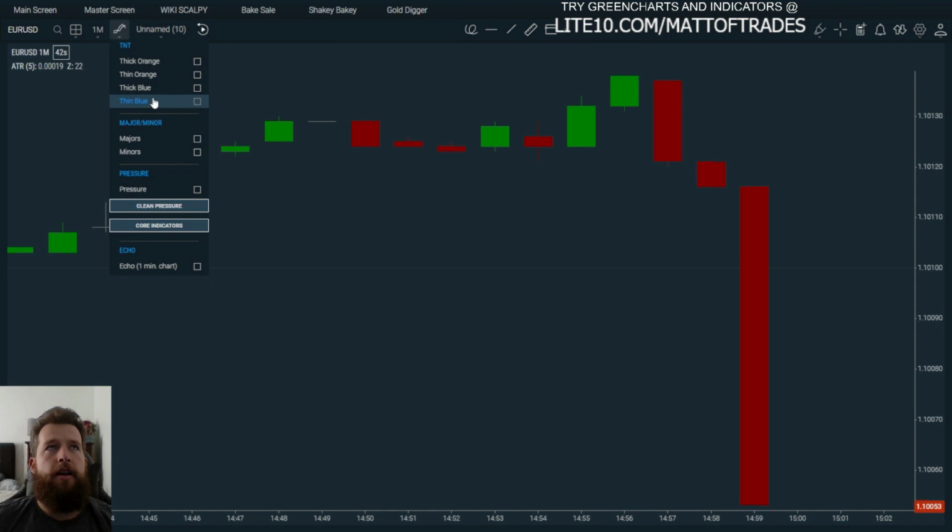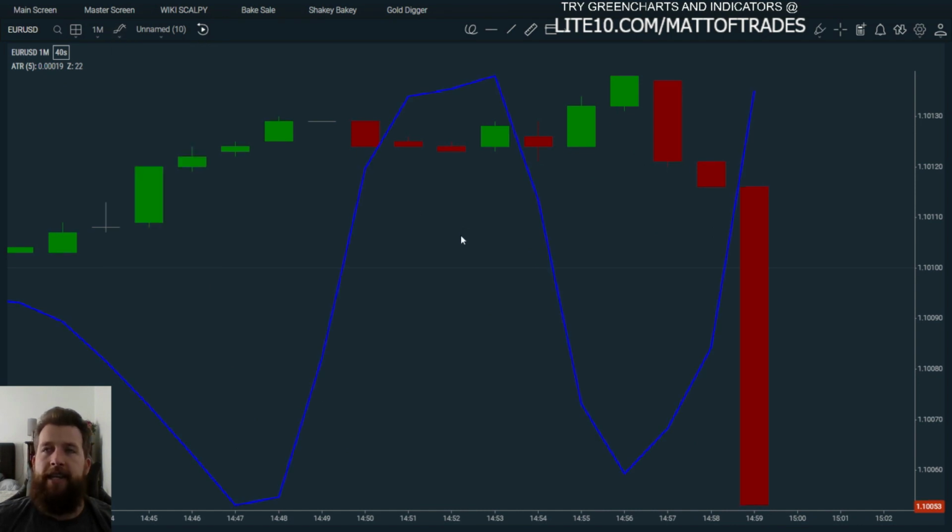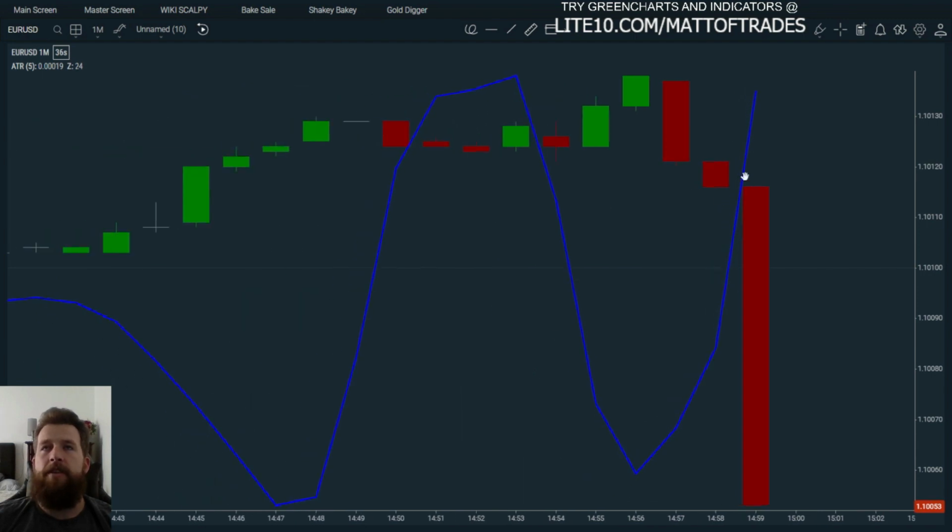Okay. The thick blue is a lagging indicator. Same thing, the blues are inverse, so whichever direction the blue is pointing, the price is likely to go the opposite direction.